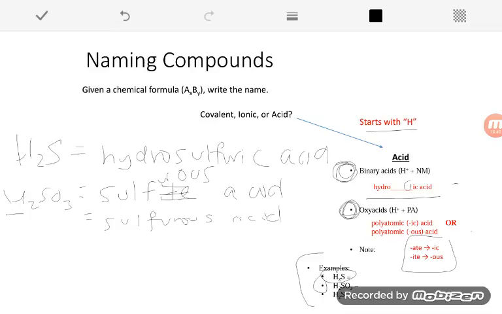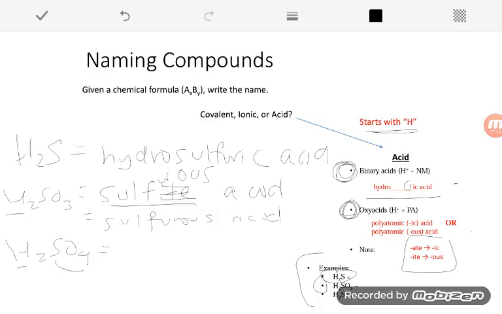So that's just a weird naming thing for sulfurs, that sometimes that ur disappears and sometimes that ur comes back. So it's a little odd. But now we have sulfurous acid. So all I did was write out the polyatomic and then scratched out the ending and wrote in the new ending. On the other hand, we have H2SO4. So again, starts with an H. That's why I know it's an acid.